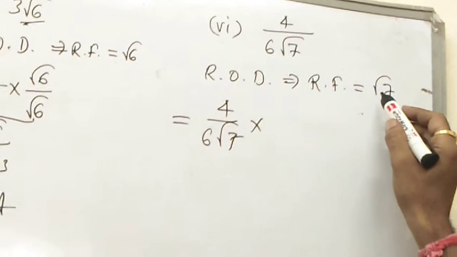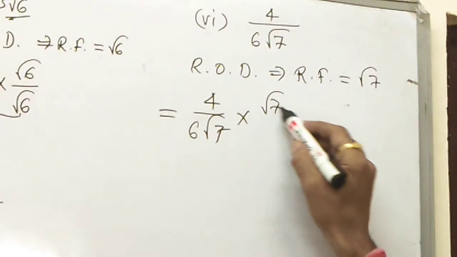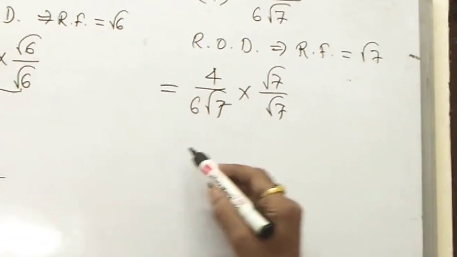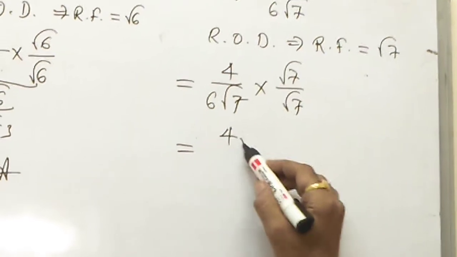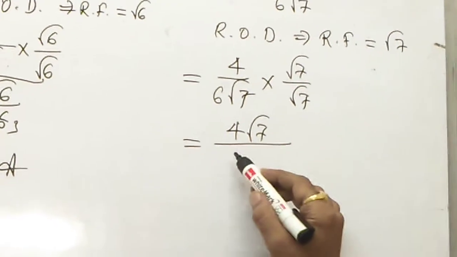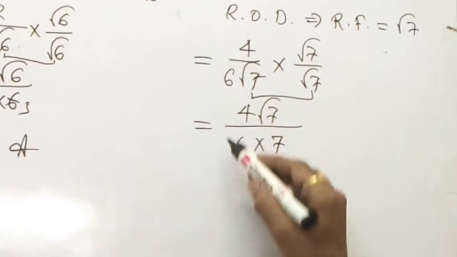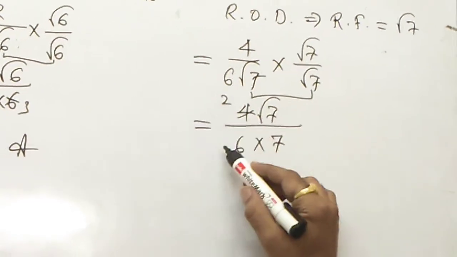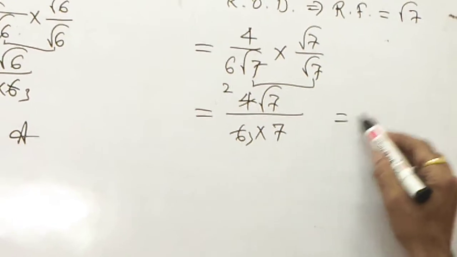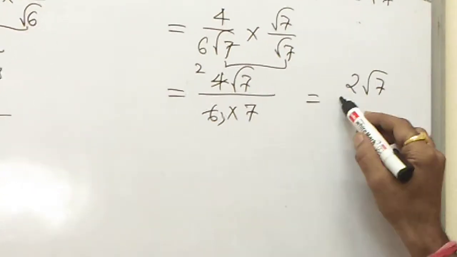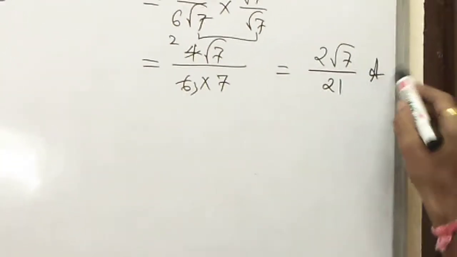Now multiply and divide by the RF, root 7 by root 7, and then the numerator you put as it is, no change, and then 6, and now root 7 times root 7 is 7. So here you cancel out the 2s and 3s. So your answer is 2 root 7 by 21. Okay, this is the final answer.